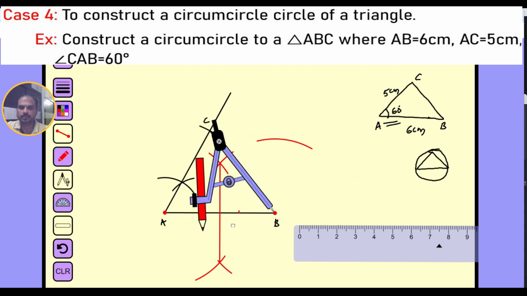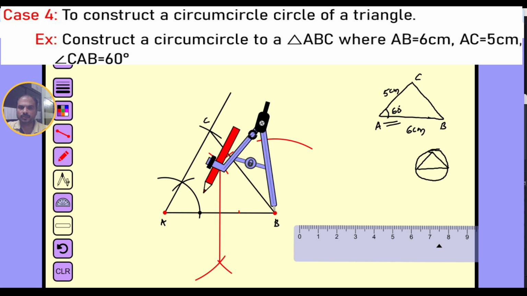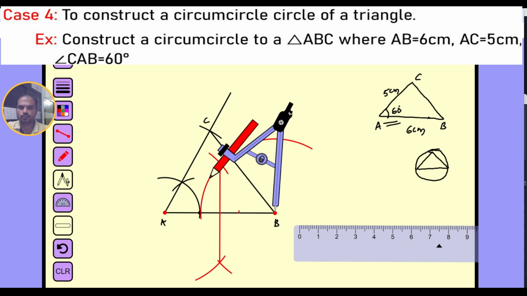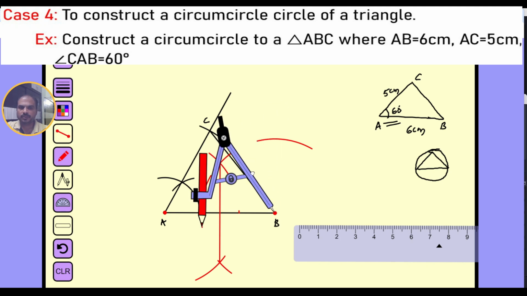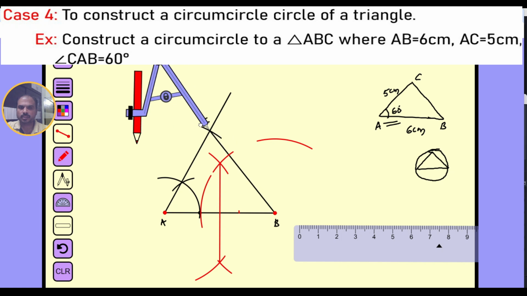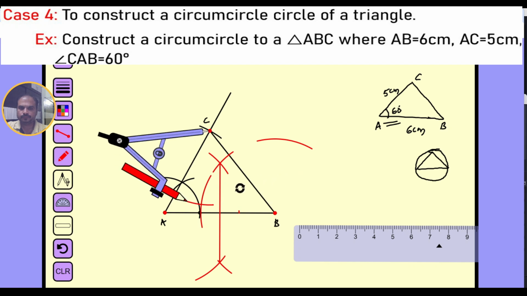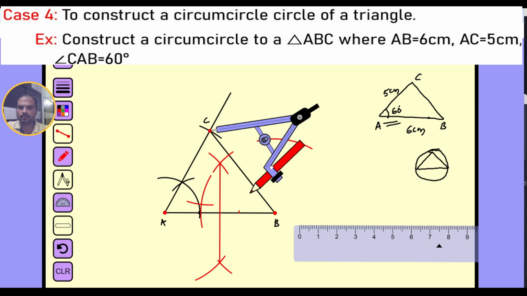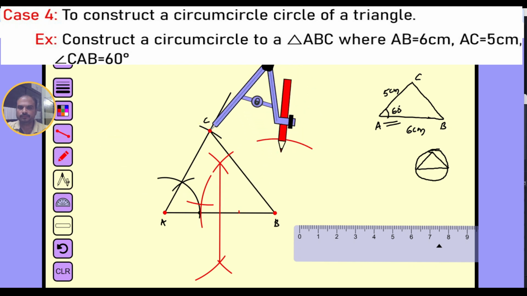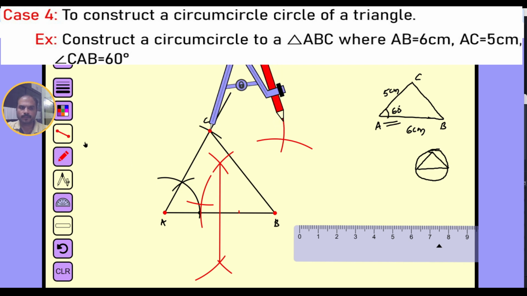Then change the compass to the other vertex, change it to C now, and cut the arcs you have drawn earlier. Correct. Now you are joining these points of intersection.